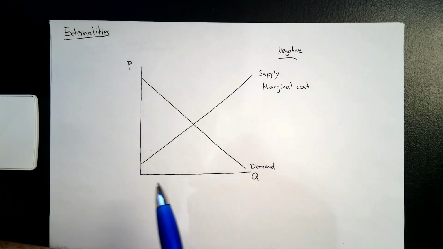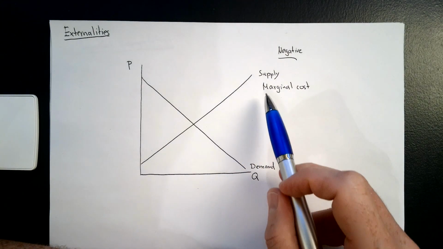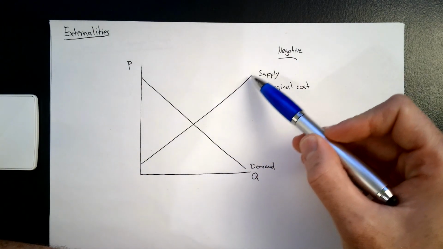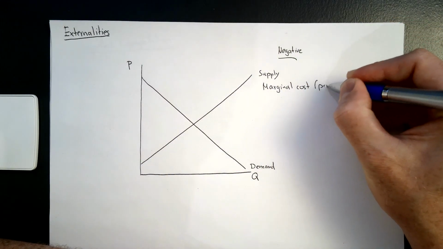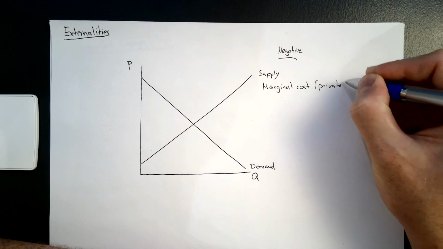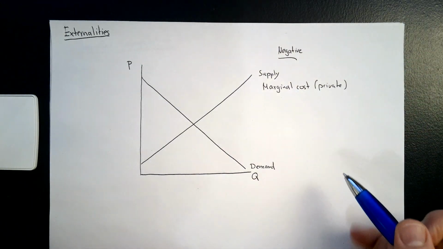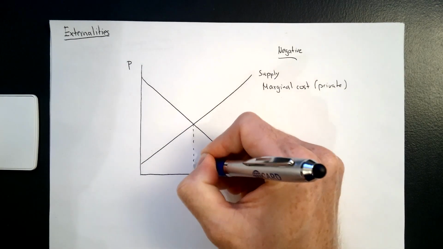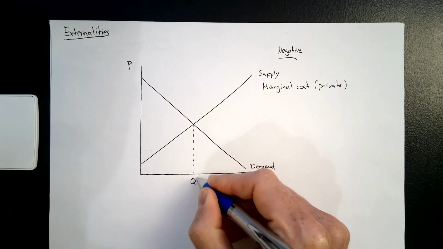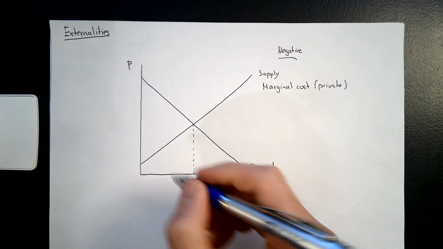Now, when you're talking about externalities, it turns out that this marginal cost function is the private marginal cost function. Okay, this is the marginal cost observed by the firm. Again, as before, we would have an equilibrium with a quantity Q star and a price P star.